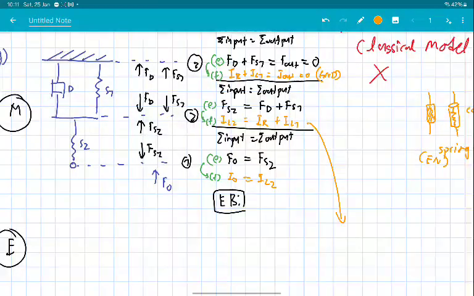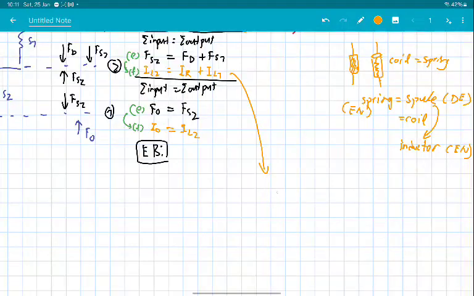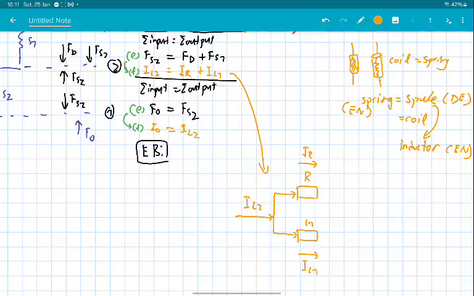We know we have the current IR plus IL1. So, maybe draw it like this: IL2 flows in this direction, and it splits into a resistor with the current IR, and into an inductor L1, IL1.